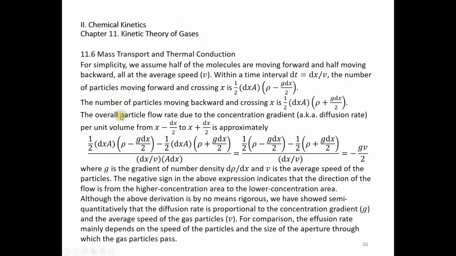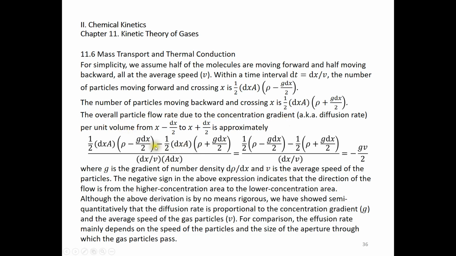Alright, now the overall particle flow rate due to the concentration gradient is going to be this. This is moving forward, this is moving backward, and then over here, this is just the time interval, and we're going to divide everything by the unit volume. So we have this so-called overall particle flow rate due to the concentration gradient per unit volume.